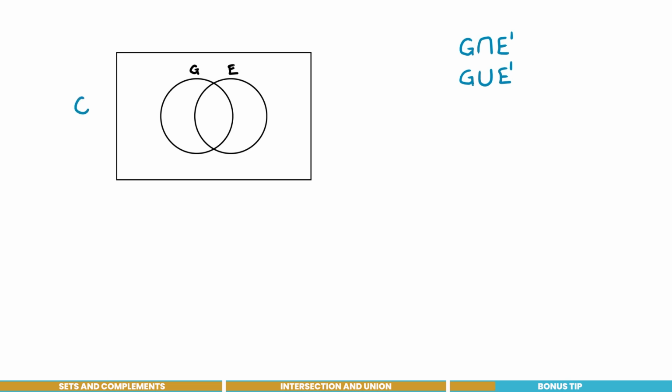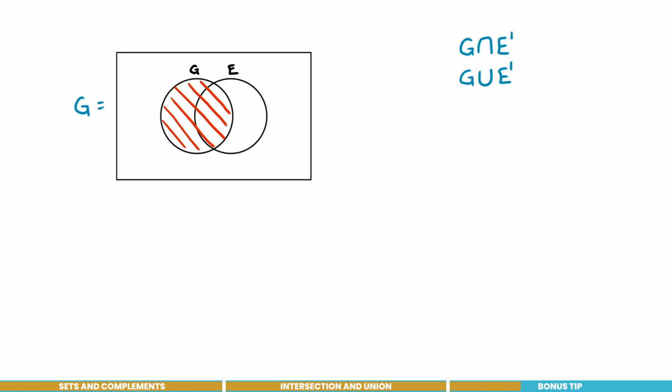Now, before I move on to the free downloads, here's a quick bonus tip to help you tackle tricky questions involving intersections and unions. Let's say you had a question asking to look at the intersection or union for G and E stick, which is the complement of E. Start with a quick sketch for the first set, which in this case is G. Shade the area that represents G by using diagonal lines like this.